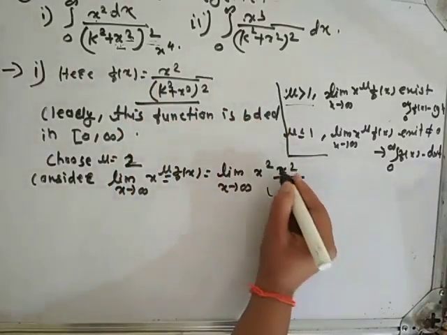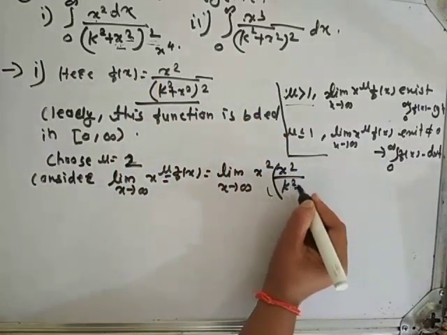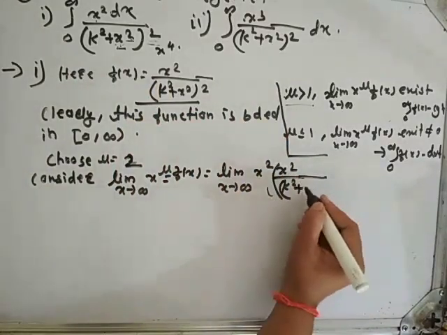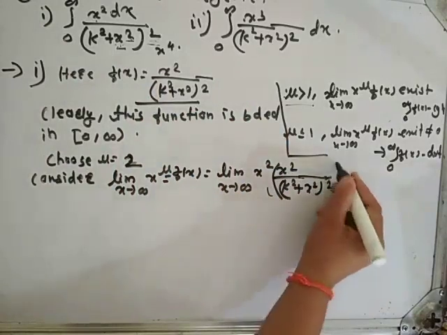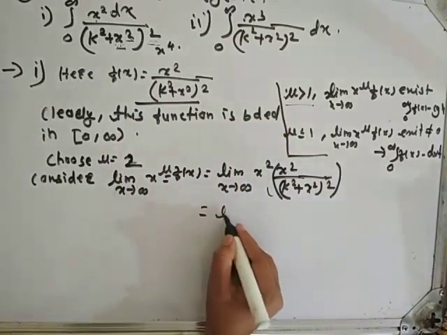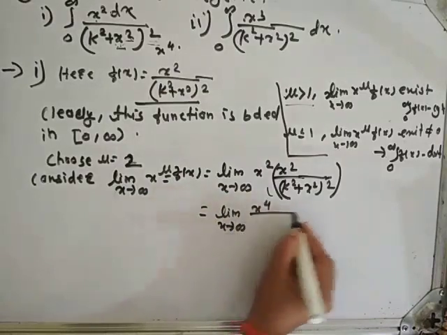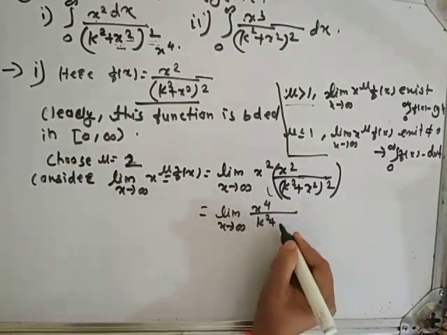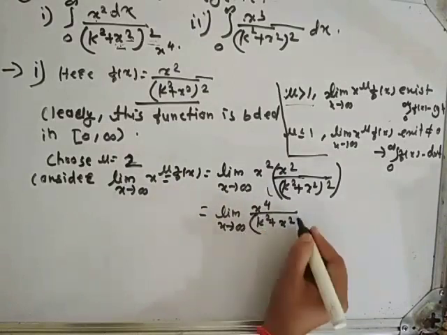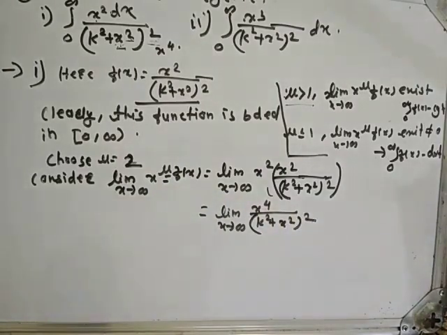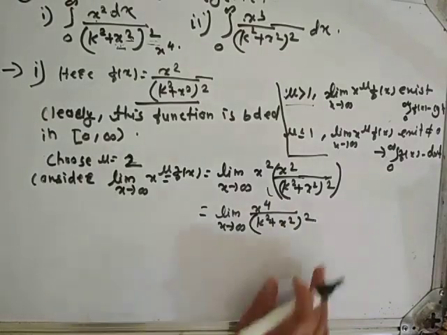So this is x square into x square upon (k square plus x square) whole square, which is equal to limit x tends to infinity, x raised to 4 upon (k square plus x square) whole square.